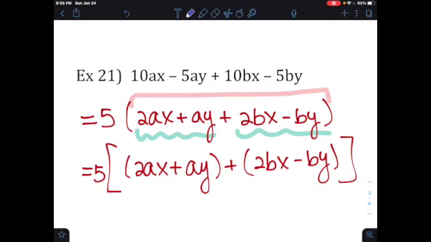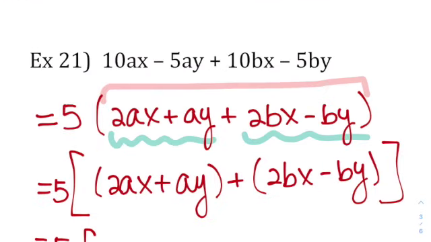Then bring the 5, and in the brackets, inside the first set of parentheses, they both have a in common, and that's 2x plus y. And then the second parenthesis, they have b in common, and that still is 2x plus y.